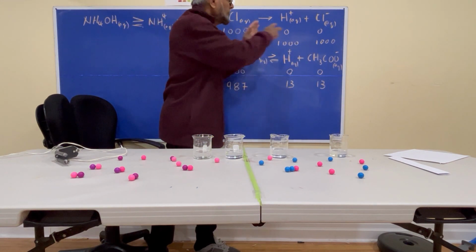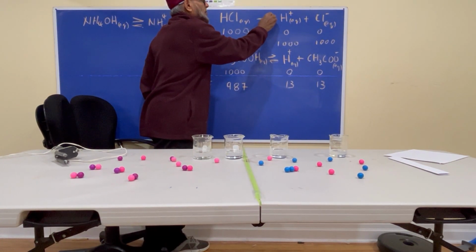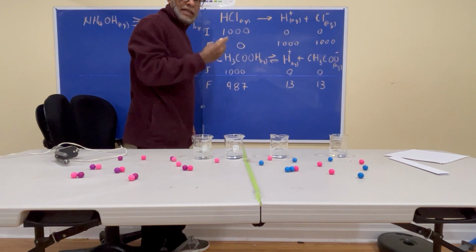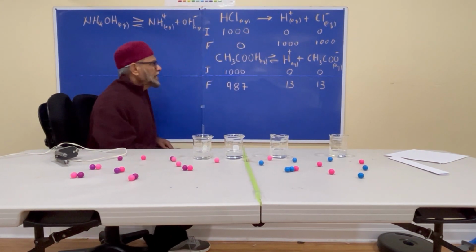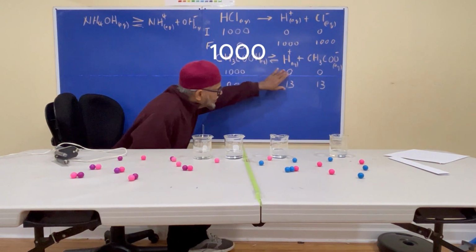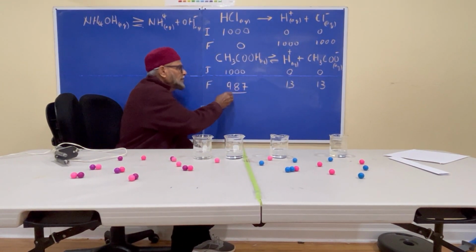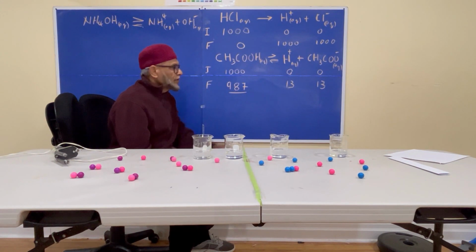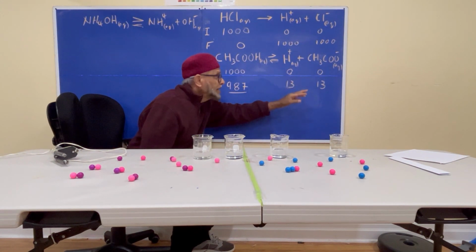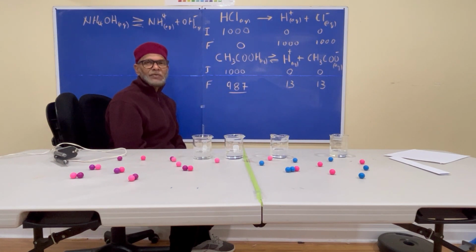So this is 100% ionized. That's why when you show it for a strong acid, you put an arrow going like that. In the case of acetic acid or vinegar, if we start with 1,000 molecules, you'll have 0 and 0. Finally, look what happens. Almost all of these will remain unionized, but only 13 hydrogen ions and 13 acetate ions you're going to have there. That is said to be a weak acid.